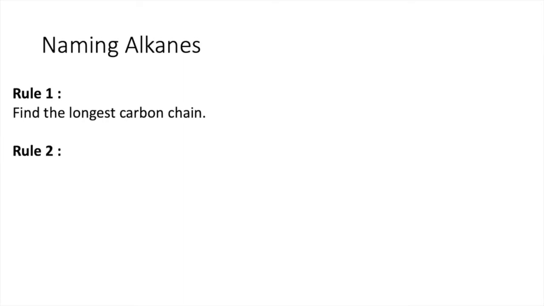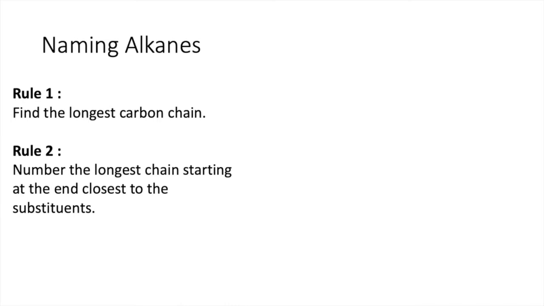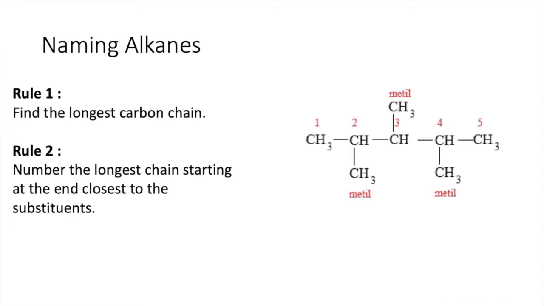Naming alkanes. Rule number 1: find the longest carbon chain. Rule number 2: number the longest chain starting at the end closest to the substituent. So this is the structure of an alkane, and this is the longest carbon chain.